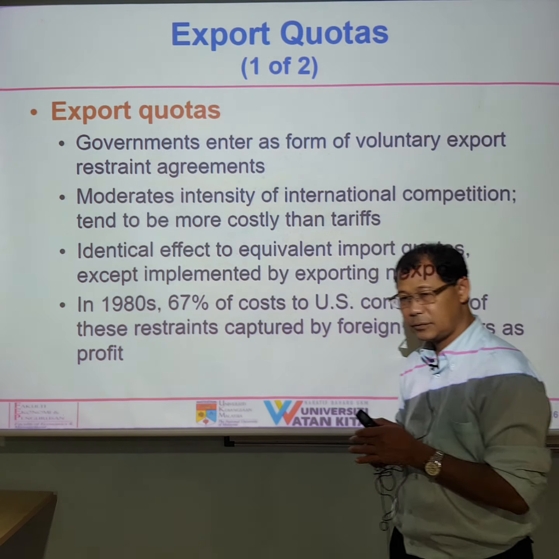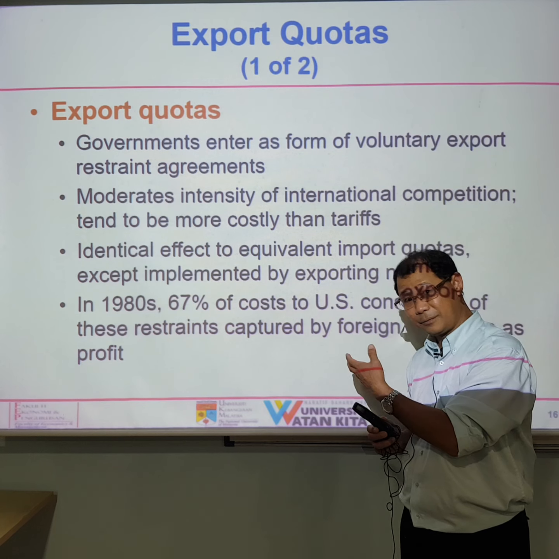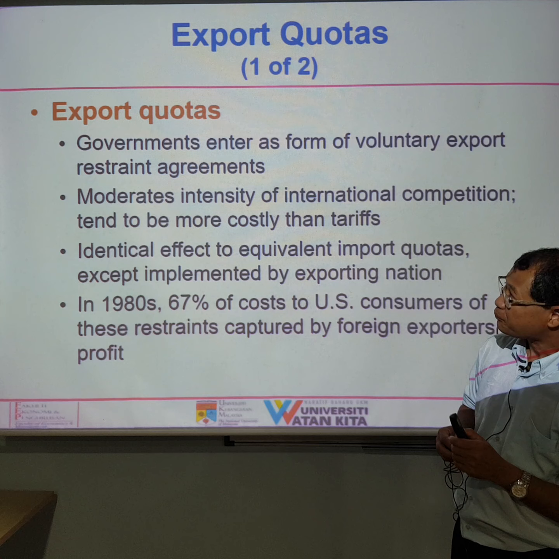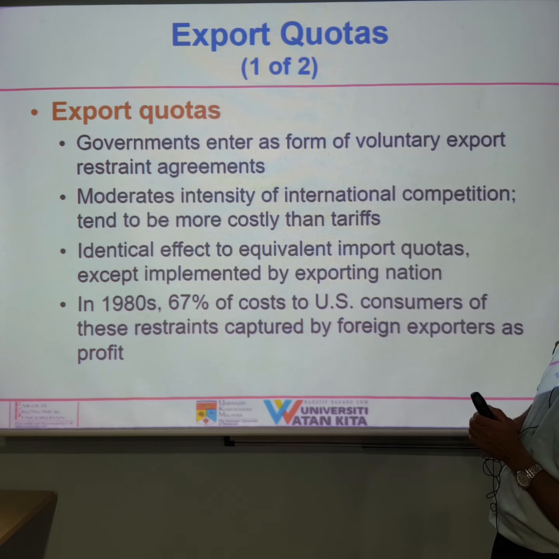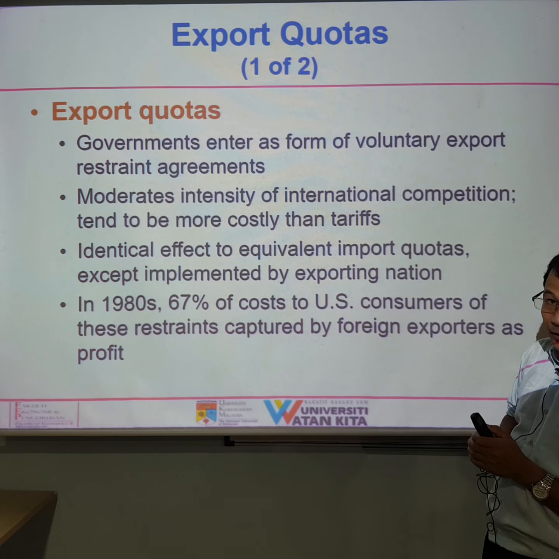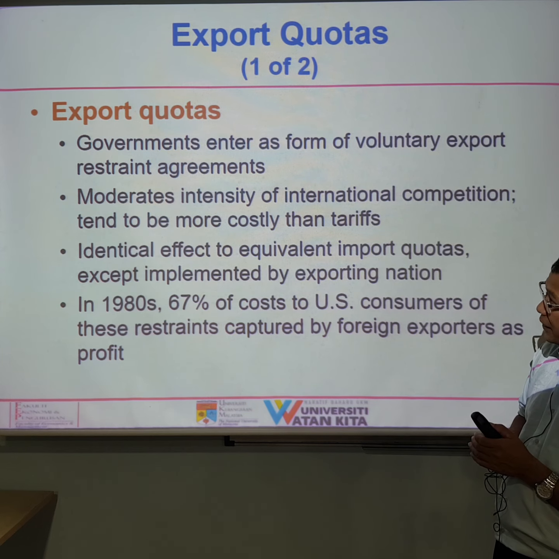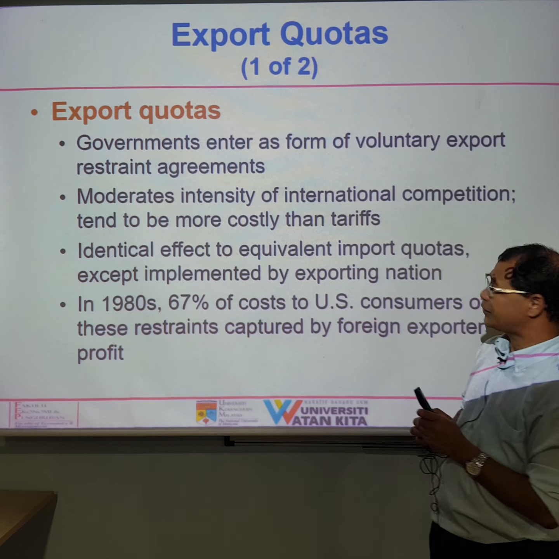Now, export quota. We've been discussing import quota. Now, export quota. Governments enter into it as a form of voluntary export restraint agreements, VER, which I mentioned earlier. It moderates the intensity of international competition and tends to be more costly than tariffs.